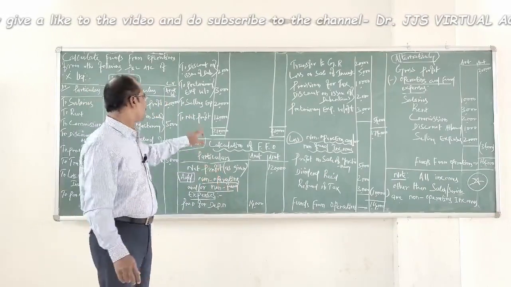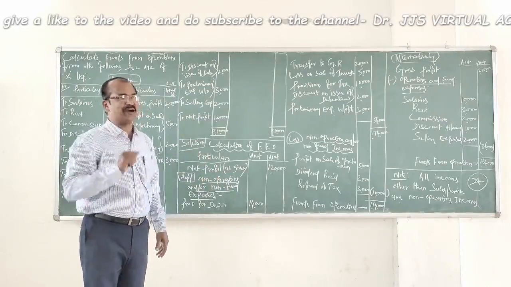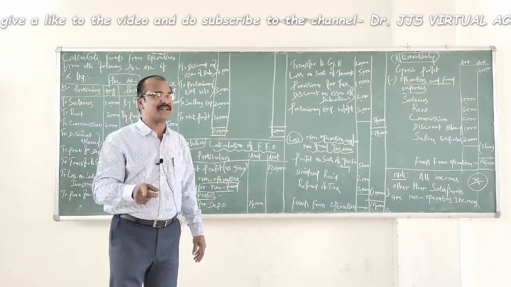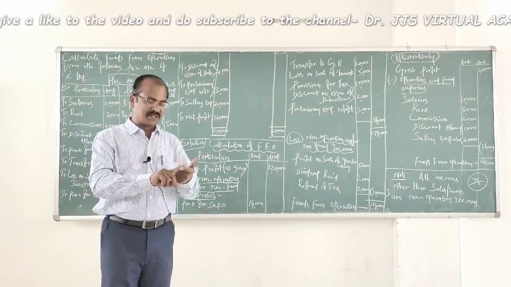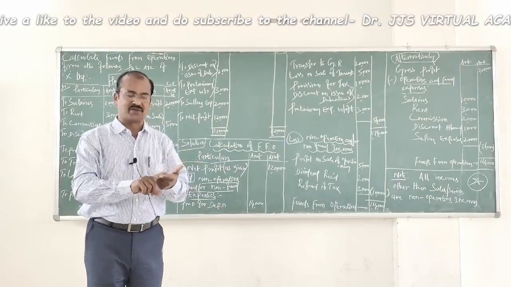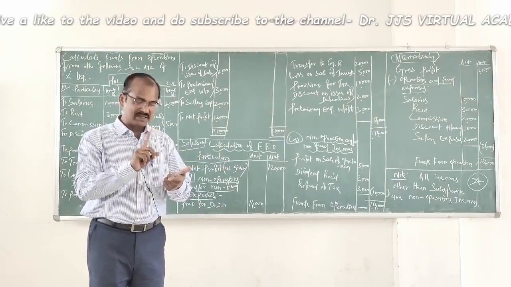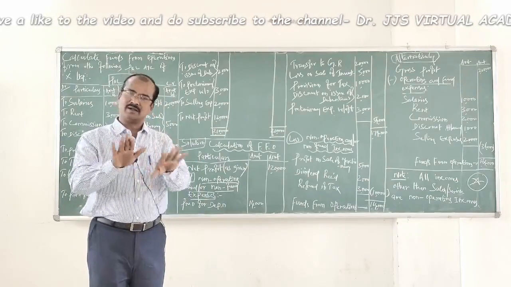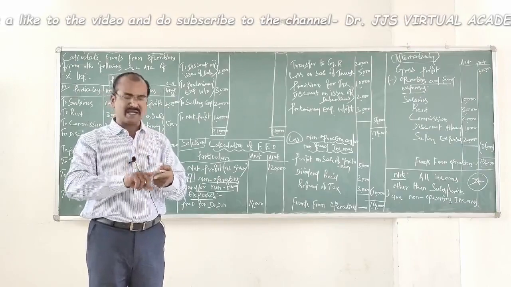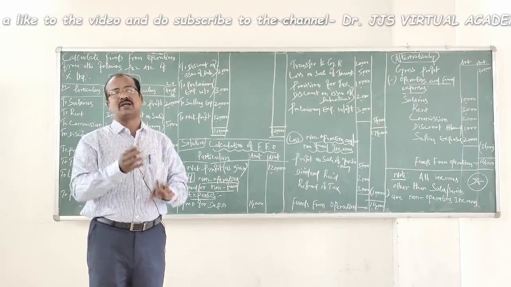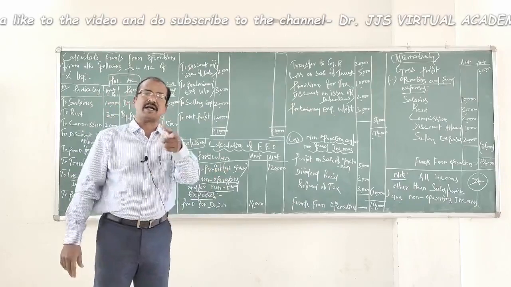Selling expenses, be careful. Selling expenses are related to our main operation of the business. You understand? Any expenditure incurred in relation to manufacturing, buying, selling, all these are what? Operating activities. If money is also involved or money has flowed out, you can very well treat it as an operating and fund activity.